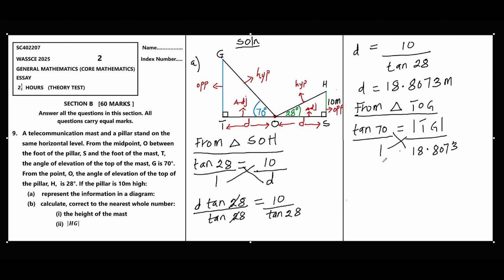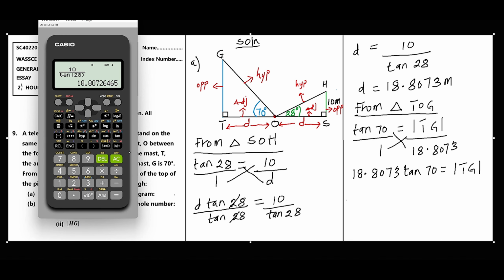When you cross multiply, we have 18.8073 multiplied by tan 70. And this must be equal to 1 multiplied by line TG. That gives line TG. So let's see. 18.8073 tan 70.